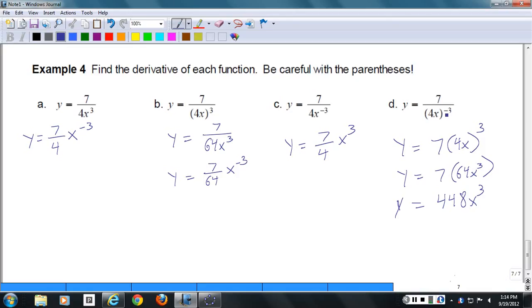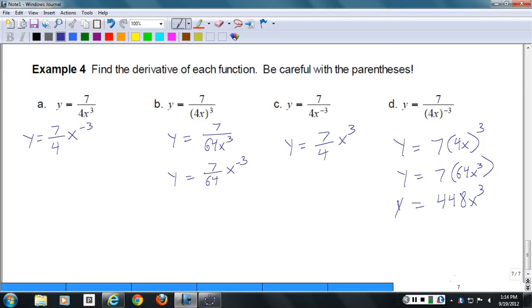I could have said 4 to the negative 3 down in the denominator, and it would have been 1/64 x to the negative 3 down the denominator, and I was just a little uncomfortable with that. So rather than having to deal with the complex fraction, I just went ahead and took the whole thing up to the numerator, and it made it quite nice because it made the exponent positive once you moved it up to the numerator.